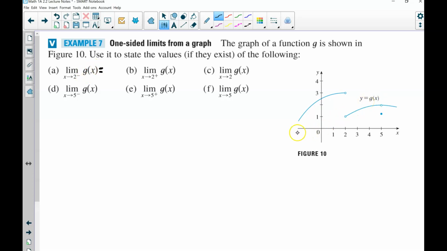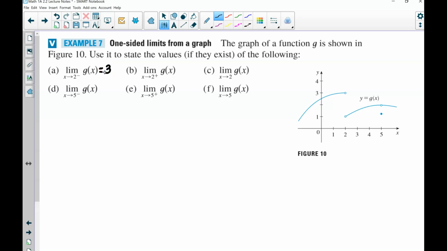And we're approaching the value of 2 from the left. As we approach the value of 2 from the left, the output up here is the value of 3. So that equals 3.